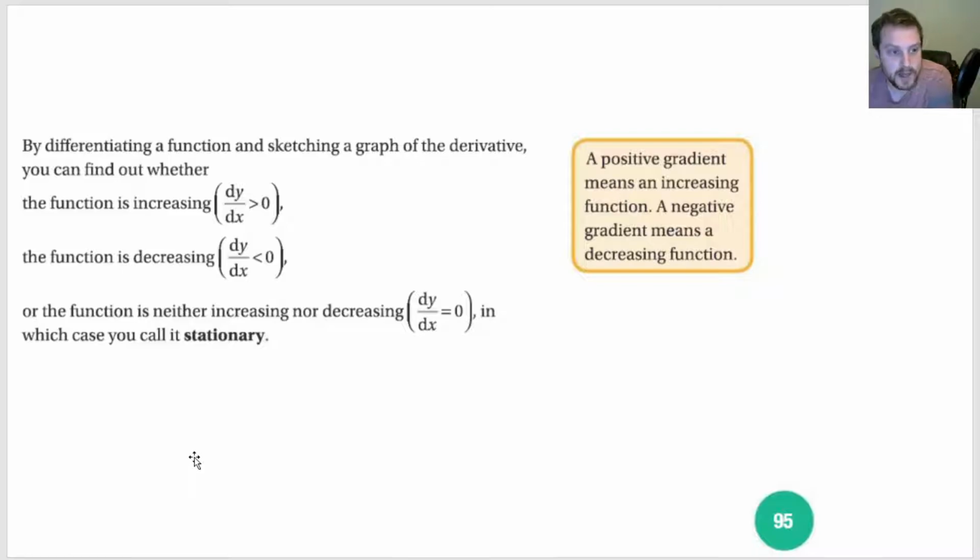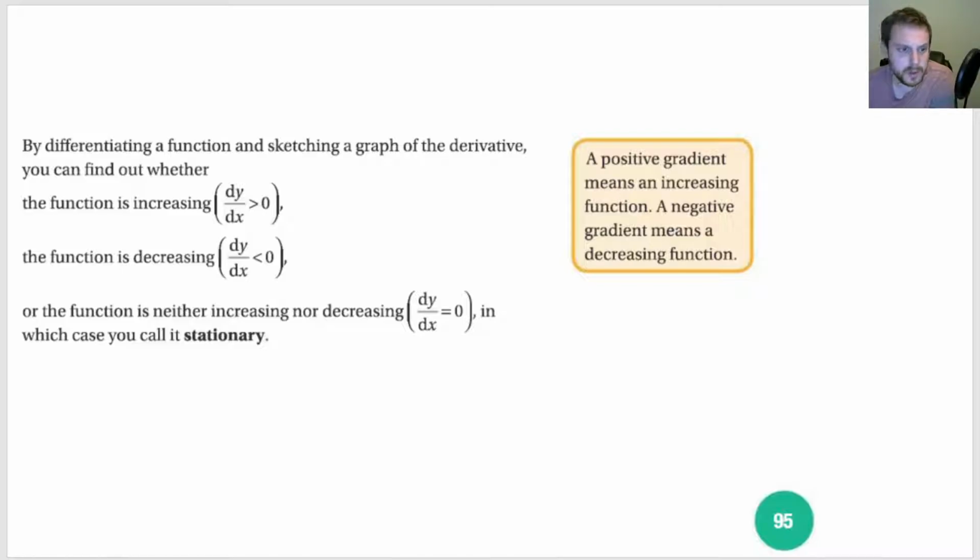If dy by dx is less than 0, then the gradient is negative. It's going downhill. It's decreasing. And of course, you already know that if at any point dy by dx equals 0, then it's not increasing or decreasing there. It is stationary. That's the definition of a stationary point. So this very much ties in with things we've already talked about.